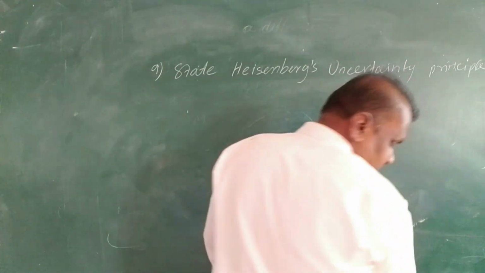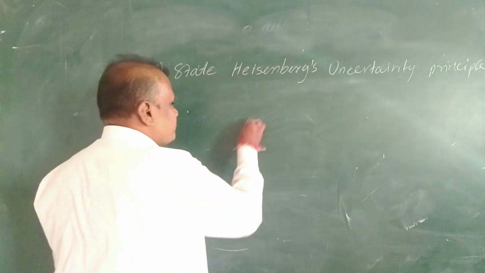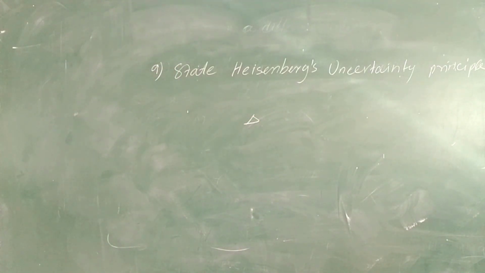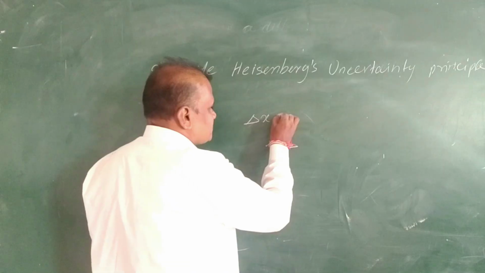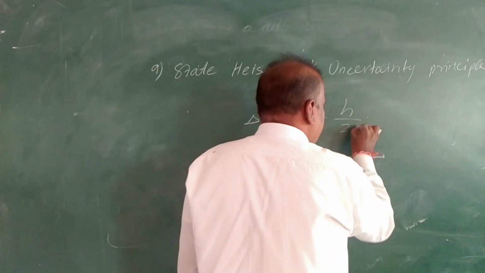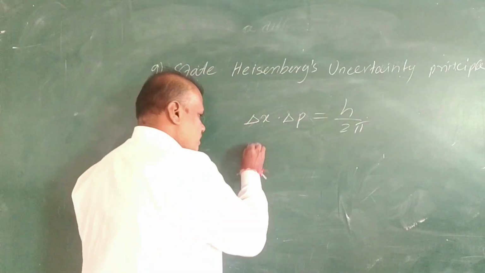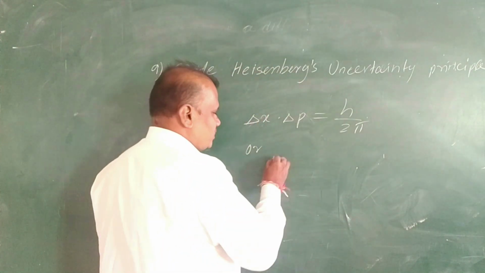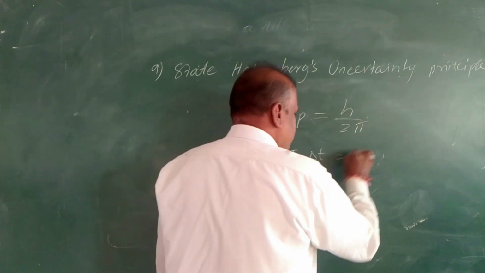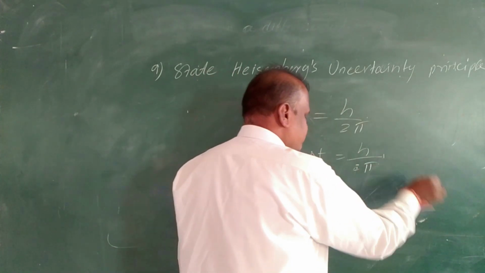Mathematically this can be represented as delta x into delta p equal to h by 2 pi. Another form: delta E into delta T equal to h by 2 pi.